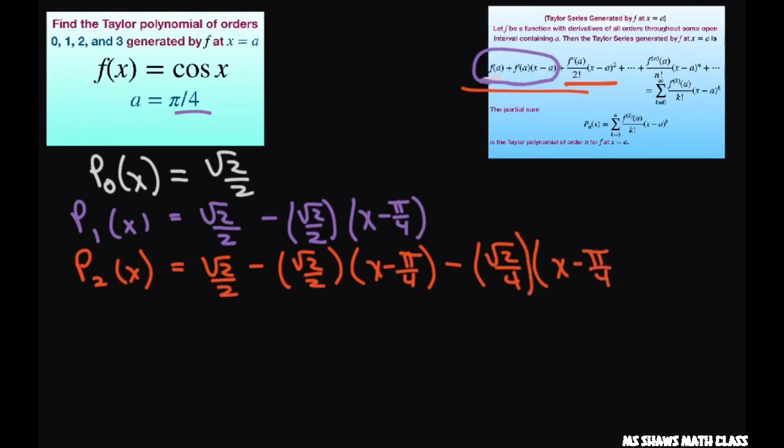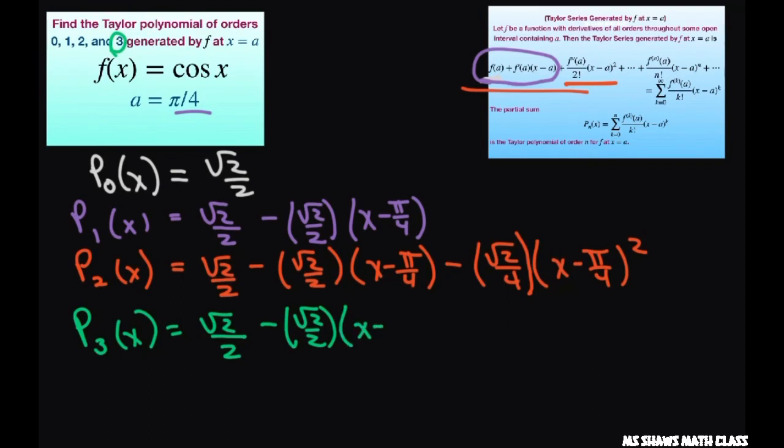And then for our third order, we have p sub 3 of x equals, copy all this down, just square root of 2 divided by 2 minus square root of 2 divided by 2 times x minus pi divided by 4 minus square root of 2 divided by 4 times x minus pi divided by 4 squared.